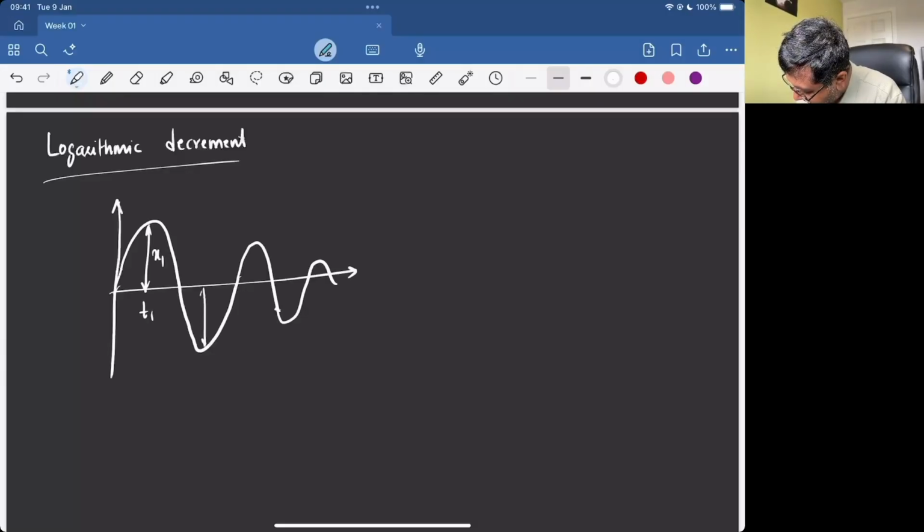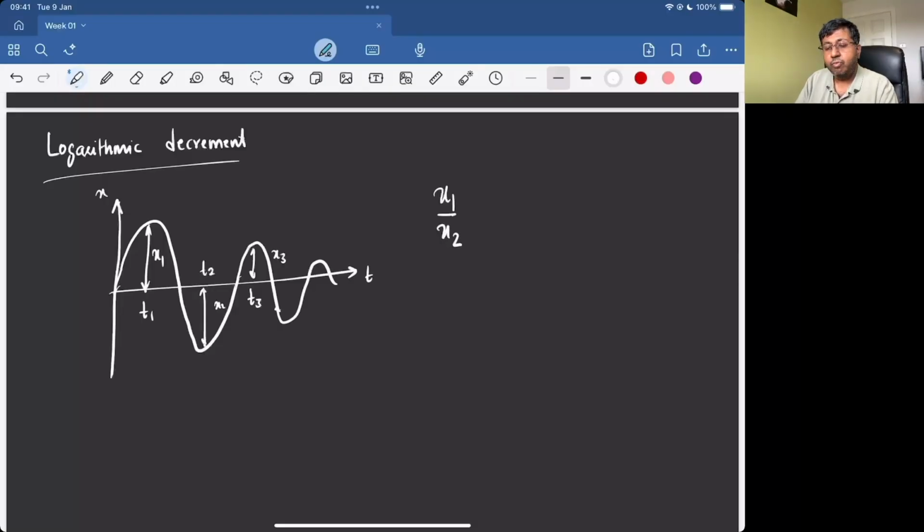Similarly at time t2, the amplitude was x2, and again at time t3 the amplitude was x3, and so on. What we want to understand is how fast the system is coming to rest. For that, we want to know, let's say, the ratio of x1 to x2, right?